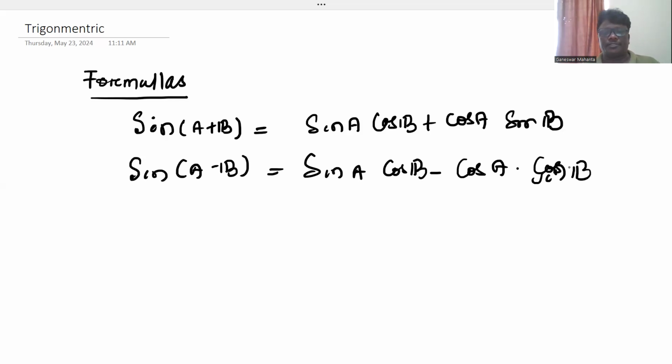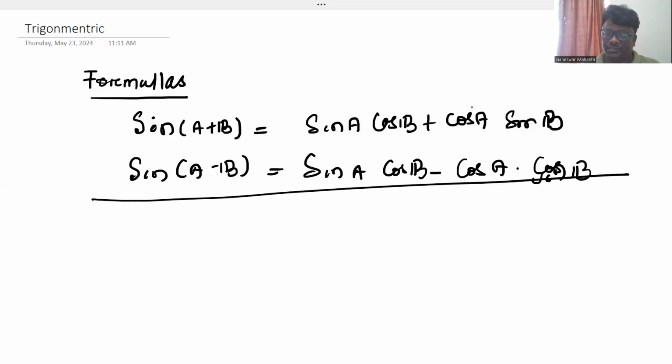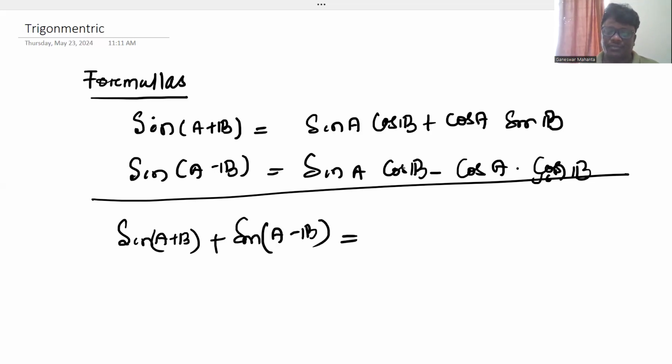Just to remember, when sin a plus b and sin a minus b are added together, what is the result? When added together, the cos a sin b term is cancelled. So sin a plus b plus sin a minus b produces 2 sin a cos b.